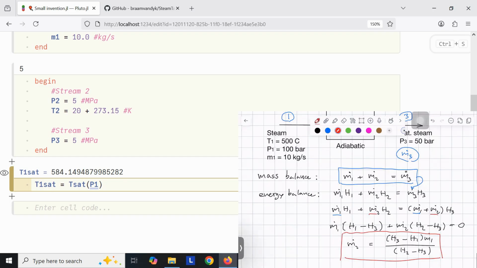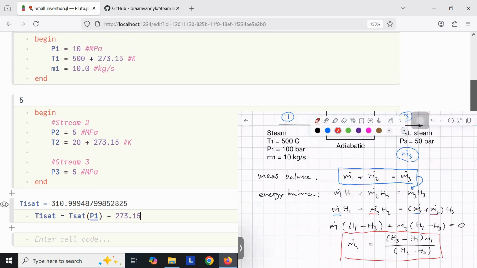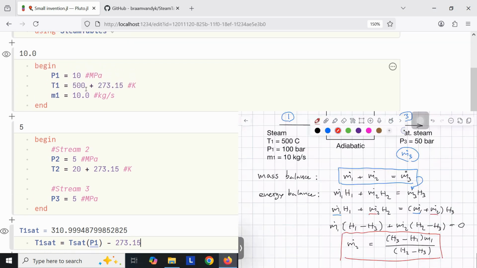If you want to show this one in Celsius, you just subtract 273.15 and we enter it again. That's 310 degrees Celsius. Our temperature T1 is 500 degrees Celsius as shown here. So definitely our stream number 1 is superheated.